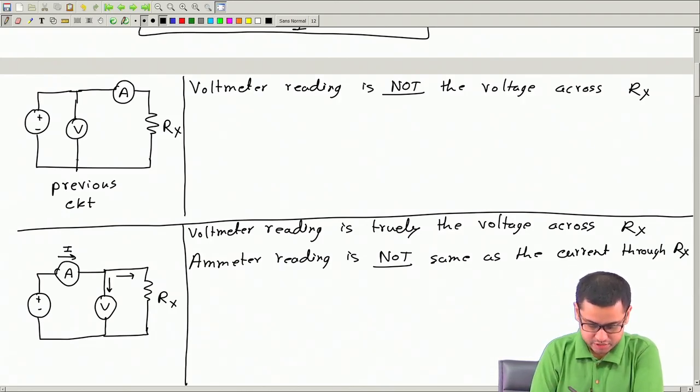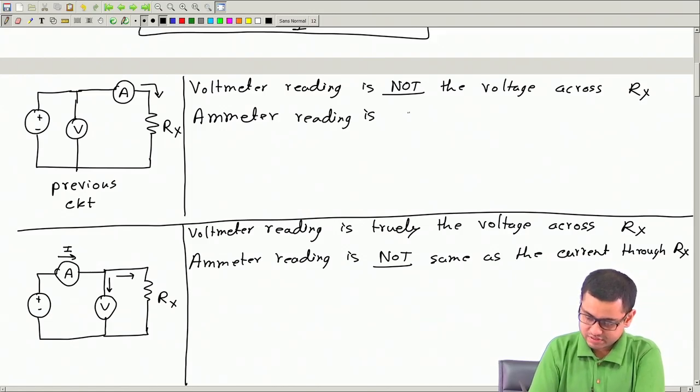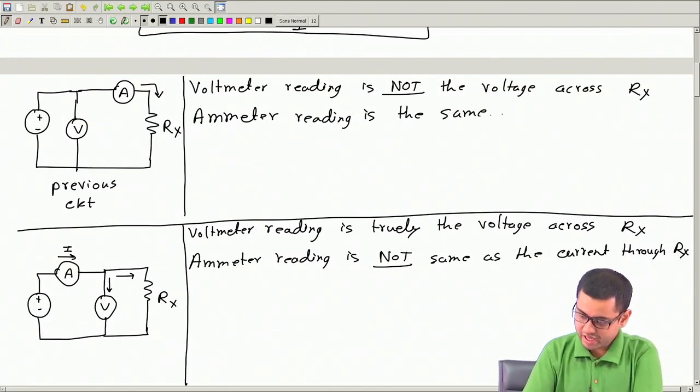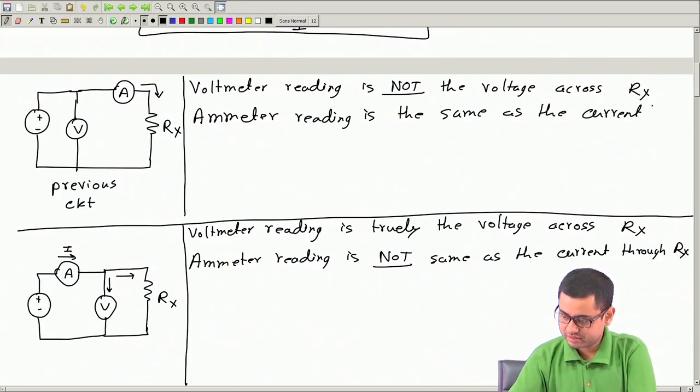But let's see the previous circuit. In the previous circuit, the ammeter was fine, because whatever current goes through the ammeter, the same current must go through Rx. So here the ammeter reading was fine. It is the same as the current in Rx.